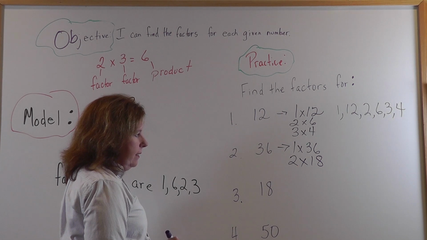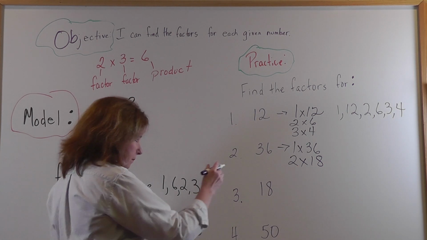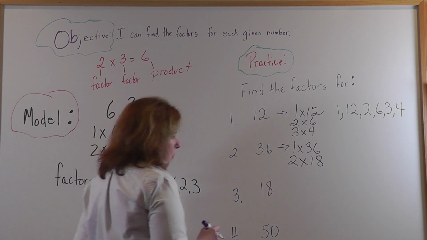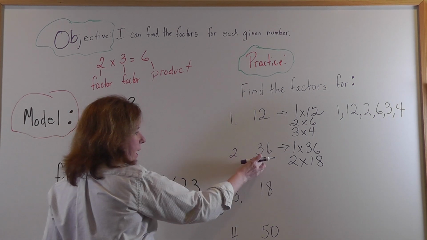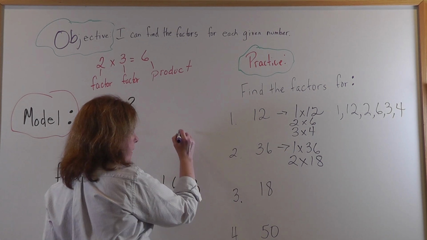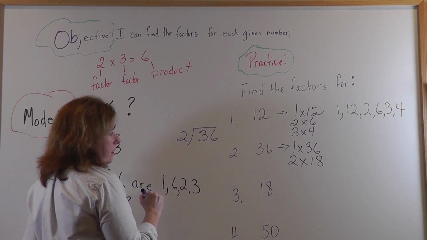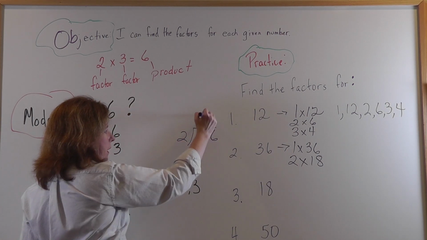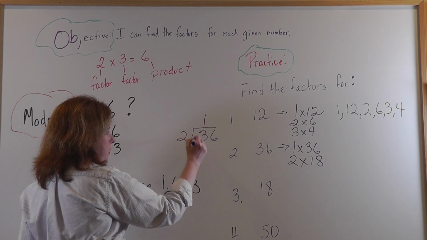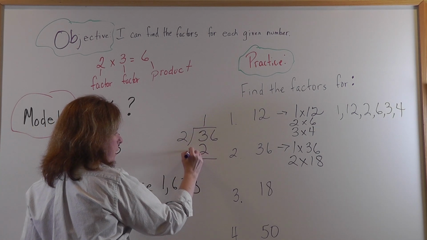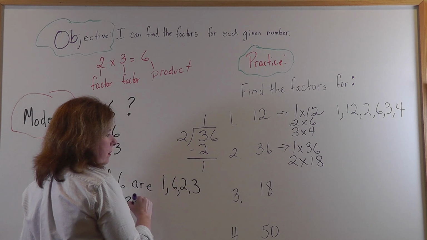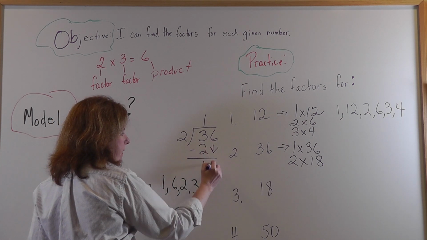is 36. And if you don't know for sure it's 18, you can divide 2 into 36. 2 goes into 3 one time. 1 times 2 is 2. Subtract. I get 1. I bring down my 6.